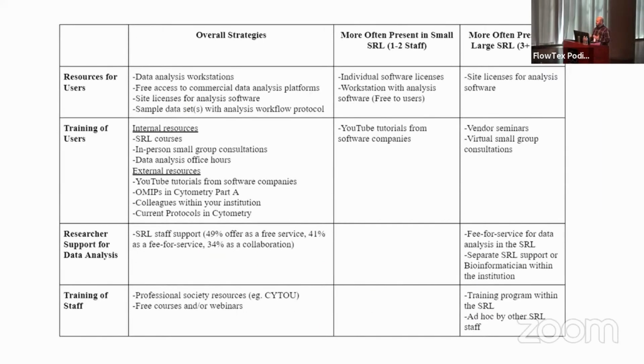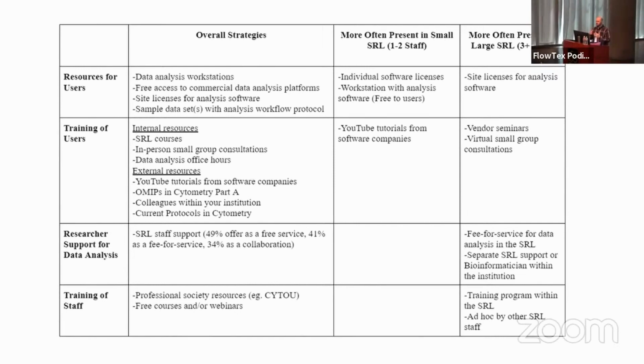So we had a workshop after we did this survey, and we heard a lot of people complaining about, oh, this is too much, we've got too much to do already, and we can't do this. And we tried to consolidate overall strategies from our workshop and our survey, things that could be helpful to people. So resources that we thought should be provided: data analysis workstations, free access to at least one commercial data analysis platform.